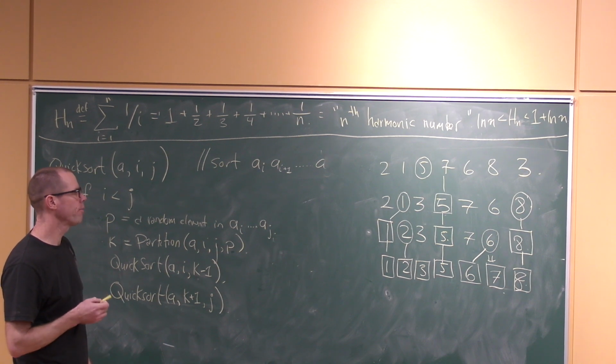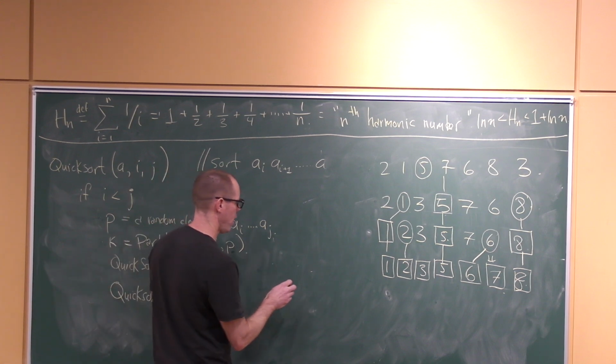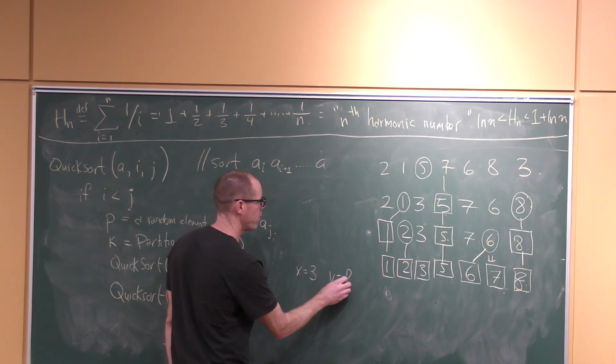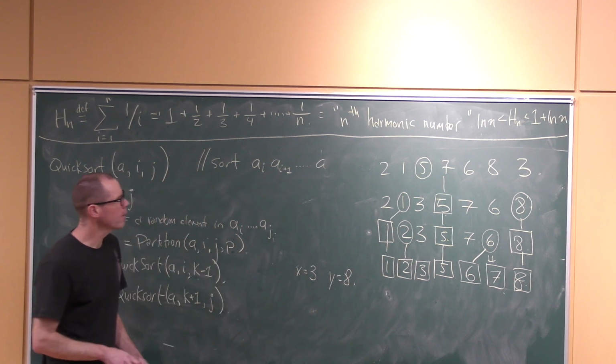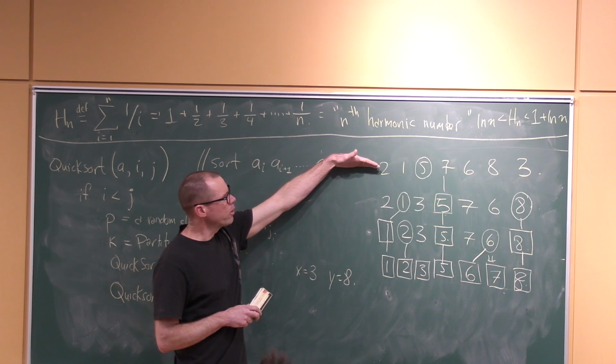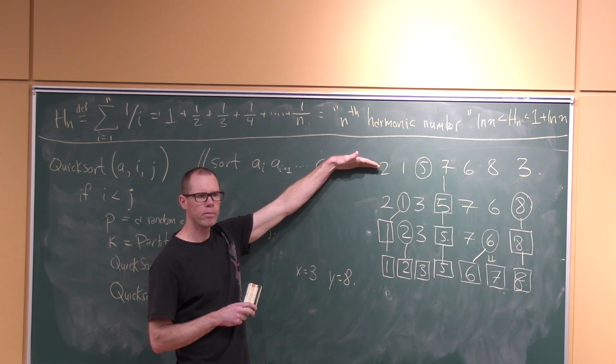So let's pick a particular x and y. Let's say x equals 3, y equals 8. So in the execution of this algorithm, did 8 and 3 ever get compared?